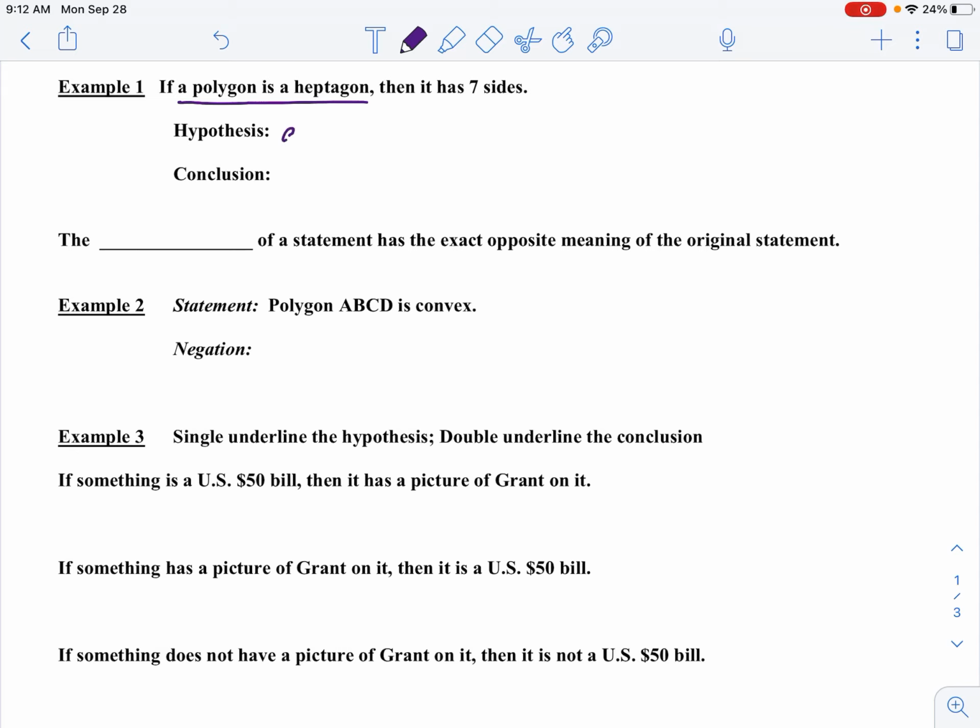The hypothesis is a polygon is a heptagon. It does not include the if. Similarly, my conclusion does not include the then. It is, it has 7 sides.